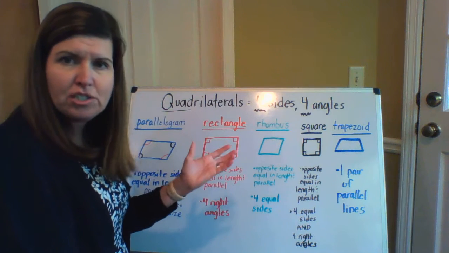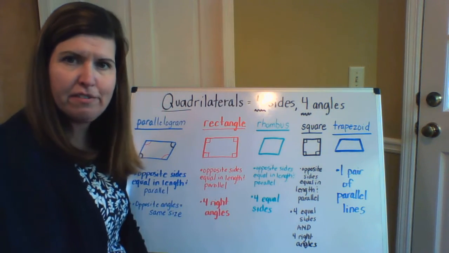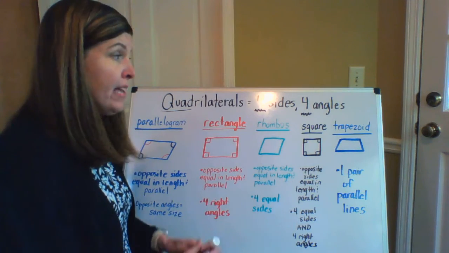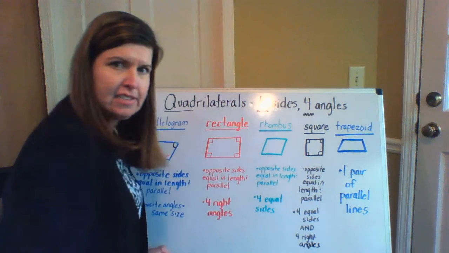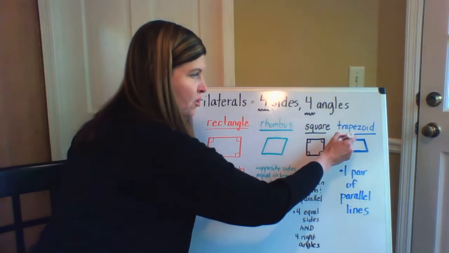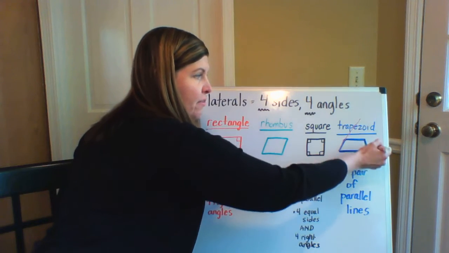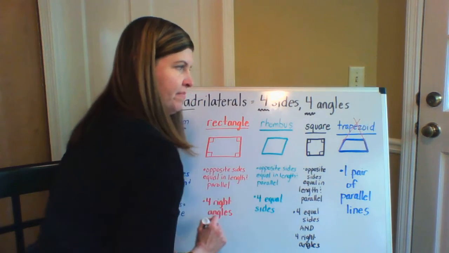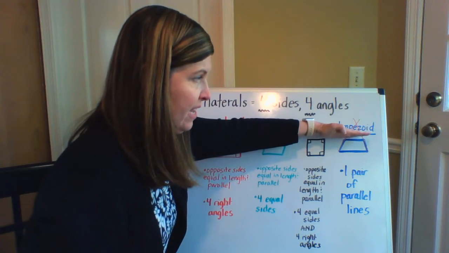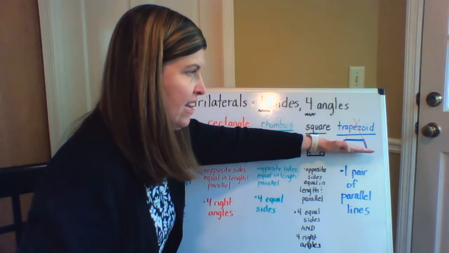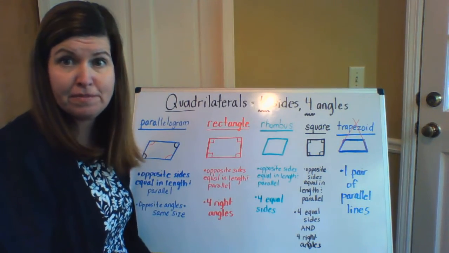The one characteristic trapezoids have is one pair of parallel lines. Now the parallel lines are not going to be these side lines, because if you continue to draw these lines, they would eventually cross, right? Your parallel lines with a trapezoid are going to be this line at the top and this line at the bottom, because if they continued on, they would never cross each other.